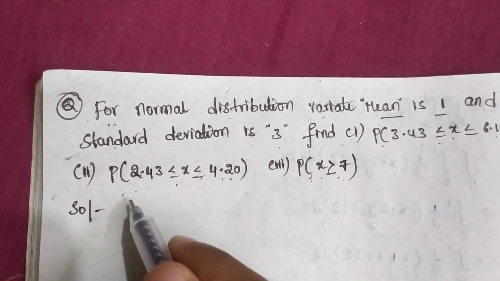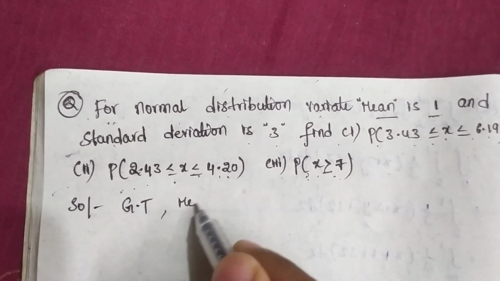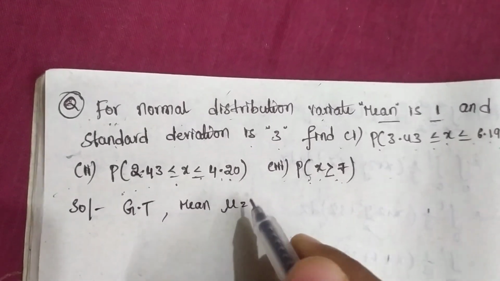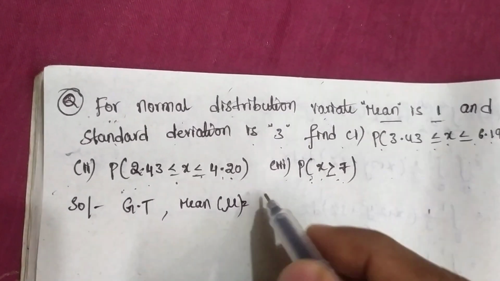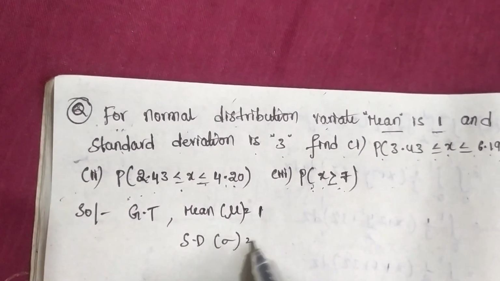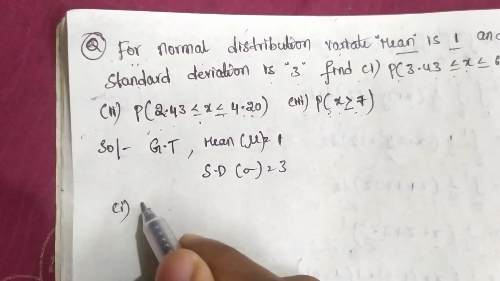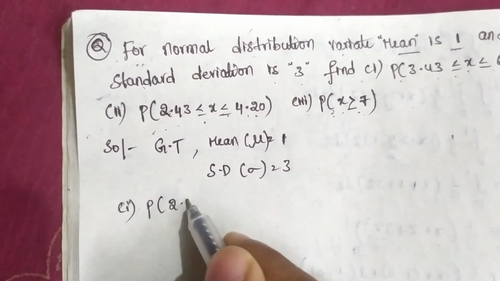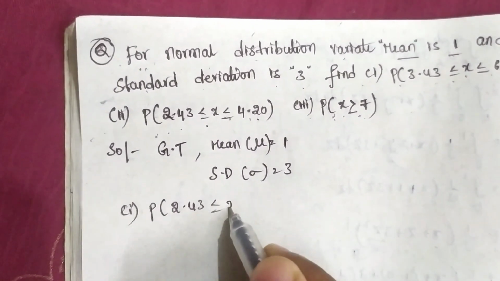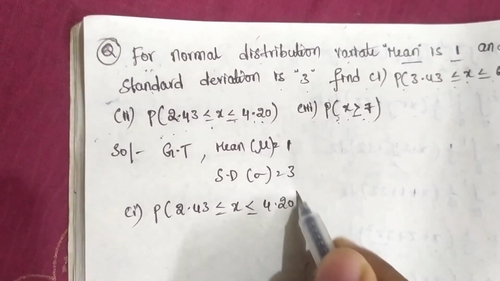Here it is given that the mean mu equals 1 and the standard deviation sigma equals 3. Here we have to find the probability of 2.43 less than or equal to x less than or equal to 4.20.